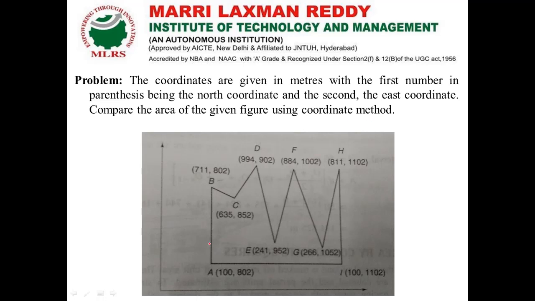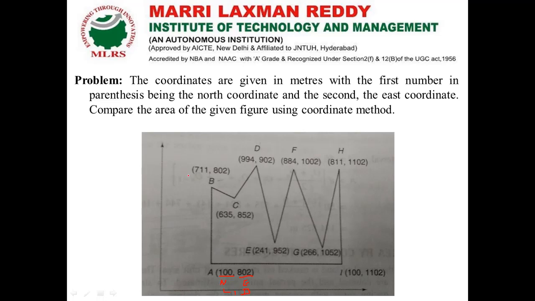They have given the coordinates, where the first one in the parenthesis is nothing but latitude, and the second one, called the easting, is nothing but departure.